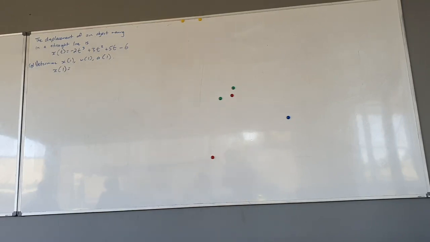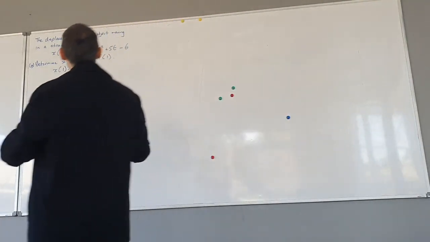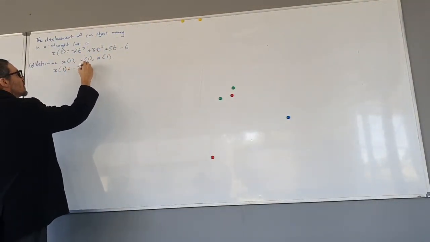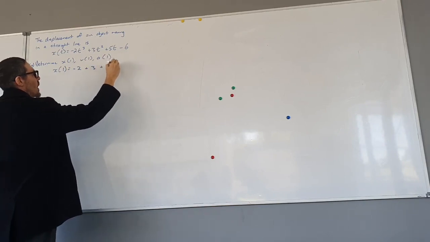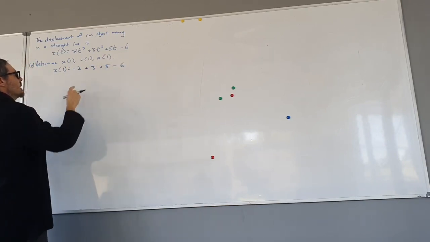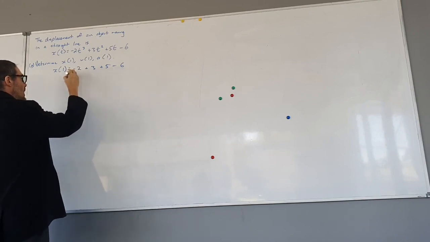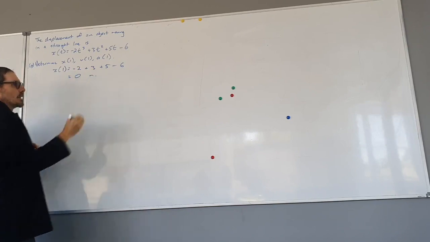It literally is that easy. I'm going to get negative 2 plus 3 plus 5 minus 6. That's 0. It's at the origin.